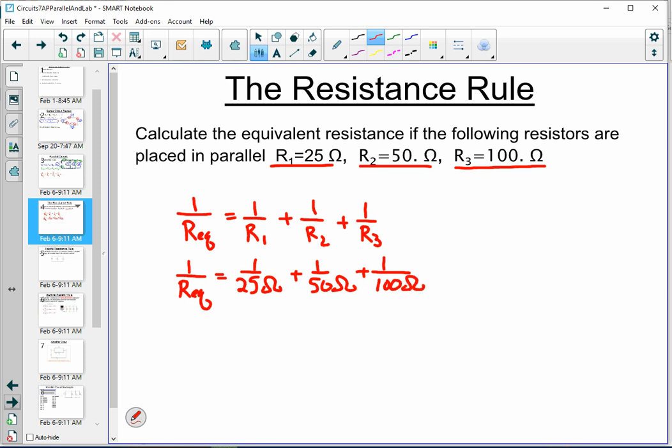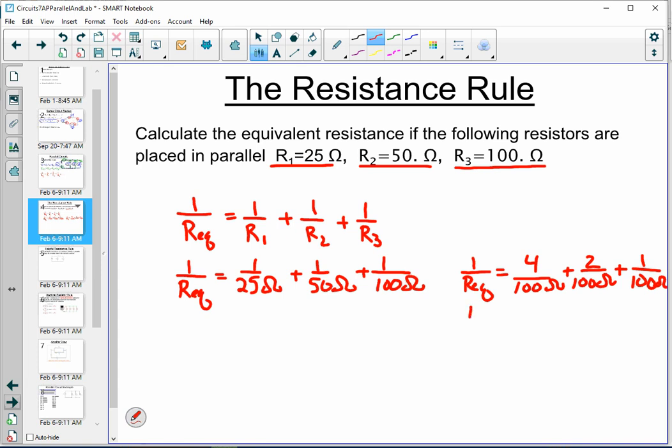Now, we'll use our calculator in a moment to do the example the second way, but let's first use our math skills and find a least common denominator for the right-hand side, which would obviously be 100. So we can rewrite this as 1 over the equivalent resistance will be 4 over 100 plus 2 over 100 plus 1 over 100.